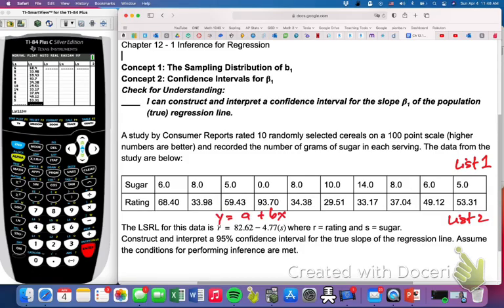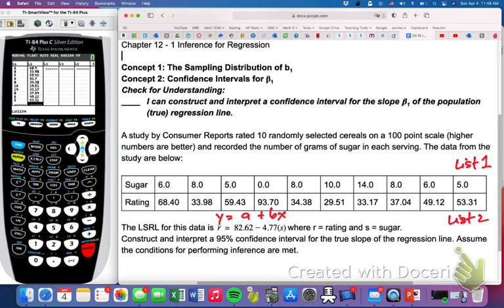So there's a way to calculate the least squares regression line, and I'm going to just review it with you quickly. If you look at my calculator, I've already put into list 1 the sugar in grams, and list 2, the response variable, the rating out of a 100-point scale.